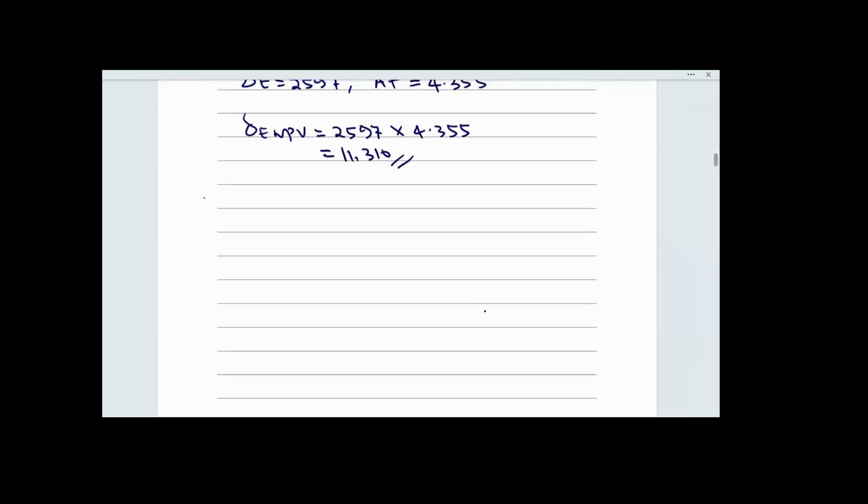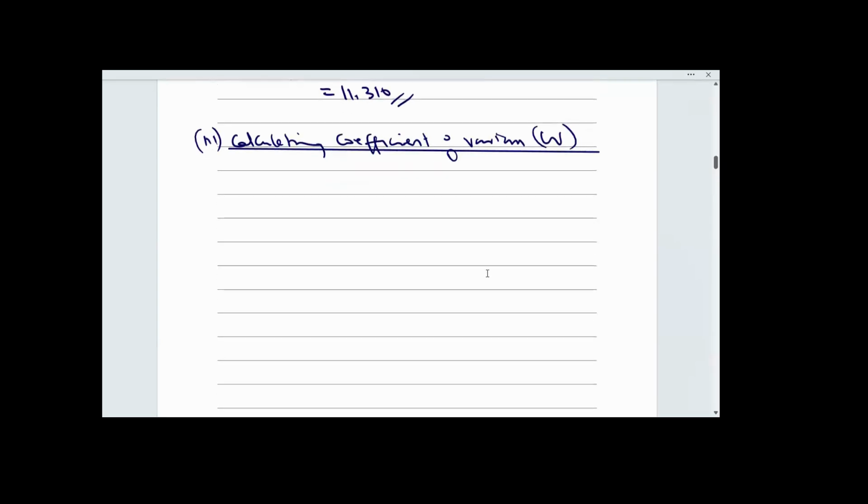The last one, we are to calculate the coefficient of variation. I told you that the formula to calculate the coefficient of variation depends on the standard deviation as well as the expected value that you have computed. In this question, the examiner has asked you to calculate standard deviation of NPV.